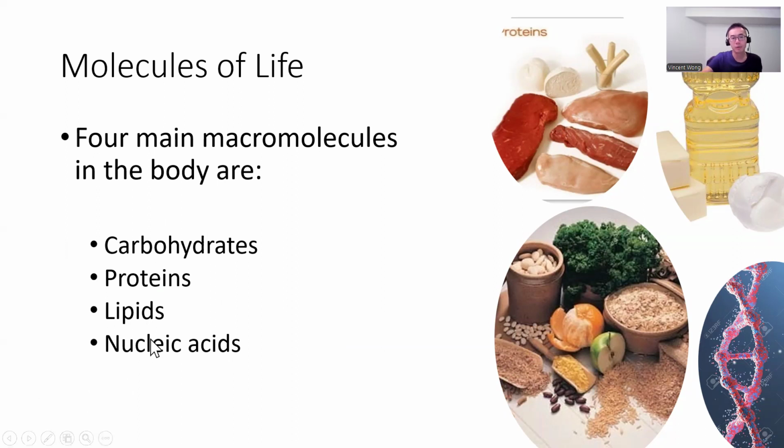And the 4th macromolecule is nucleic acids. Anything that you eat that comes from a living organism would have nucleic acid in it. So for today we will have time for carbohydrates and lipids, and then proteins and nucleic acids we will finish off on Thursday.